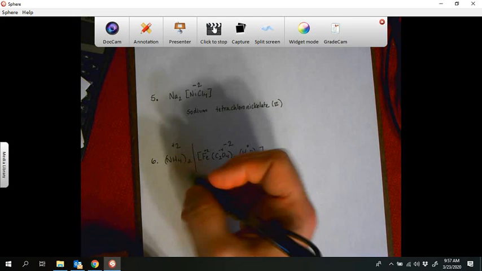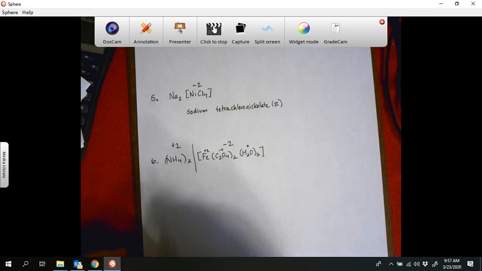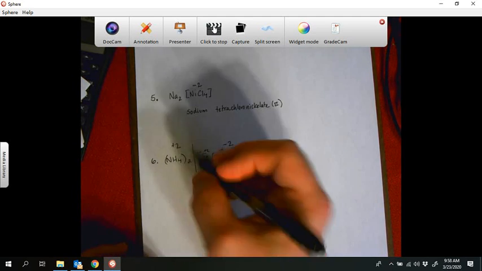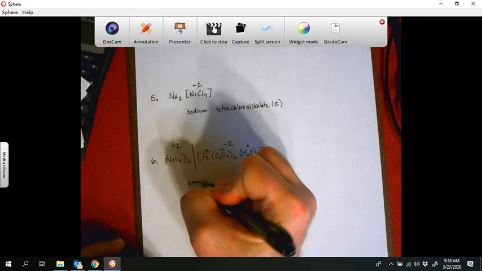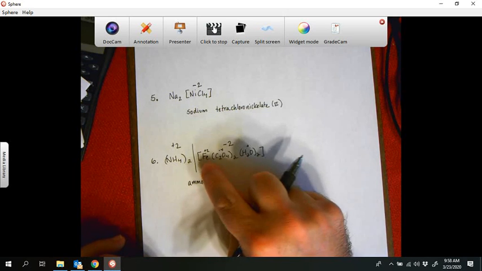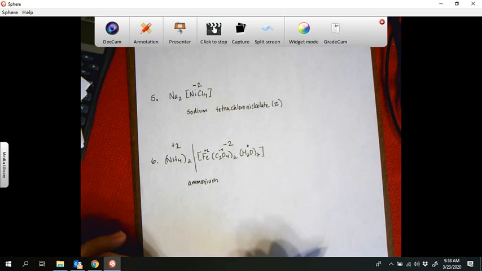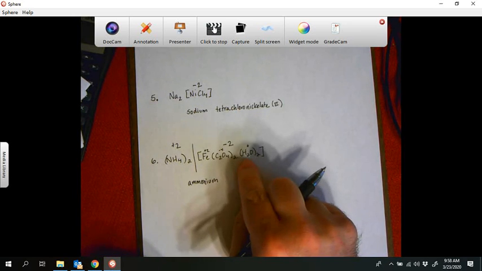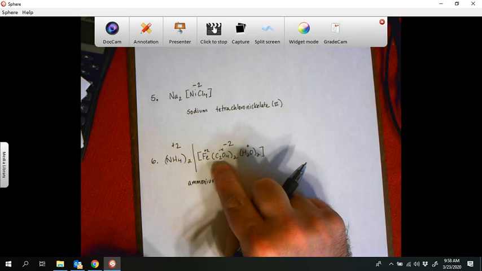So now we can go ahead and name this. If you want to try before I go over it, you can hit pause now. So we have ammonium. That's all we have to write for the cation. Leave a space. And then we have to write out our complex anion's name. With this one, we have aqua and we have oxalato.